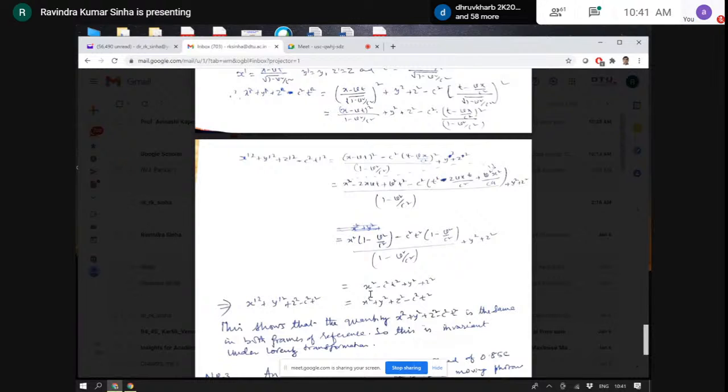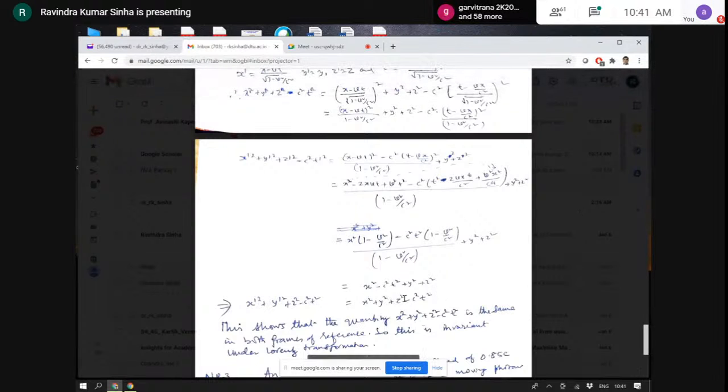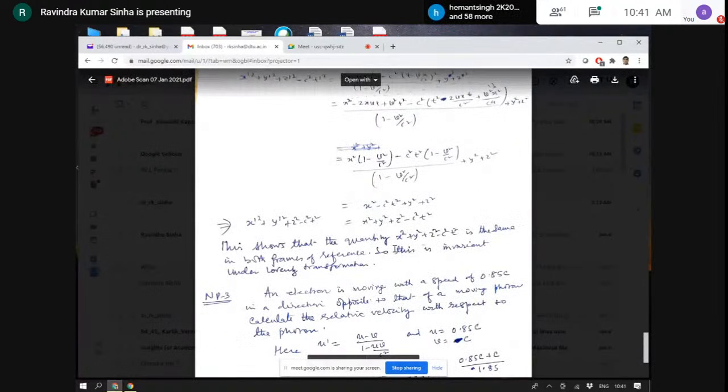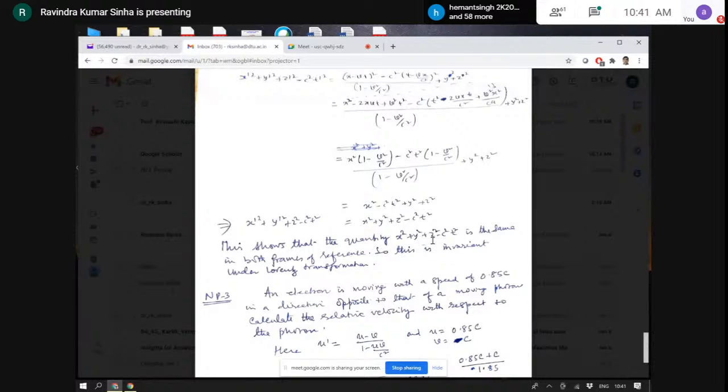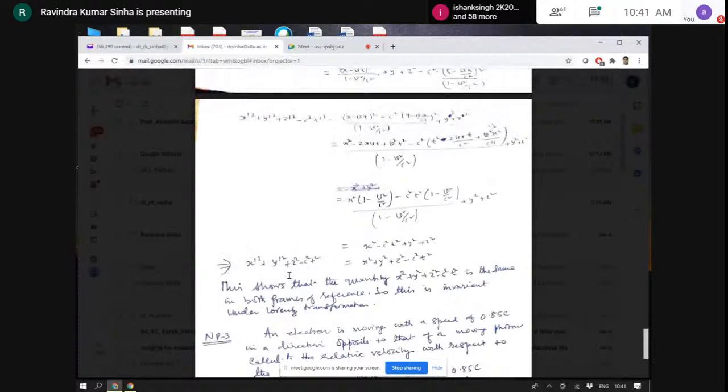And it will become x square minus c square t square plus y square plus z square. And that is equal to this. That means this is an invariant. This shows that the quantity x square plus y square plus z square minus c square t square is the same in both frames of reference. So this is invariant under Lorentz transformation.